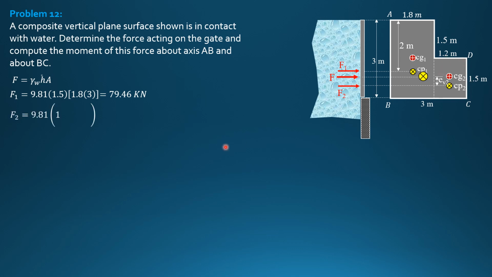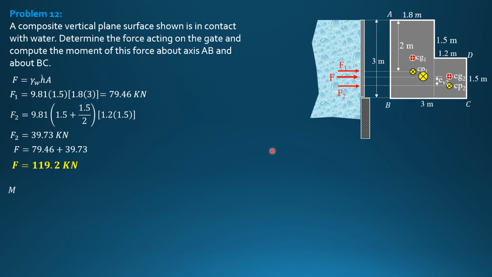So F2 is 9.81 times 1.5 plus 1.5 over 2, or 2.25, times area 1.2 times 1.5. So F2 is equal to 39.73 kilonewtons. Therefore, the single F here is simply F1 plus F2, 79.46 plus 39.73. So F is equal to 119.2 kilonewtons to 4 significant figures.